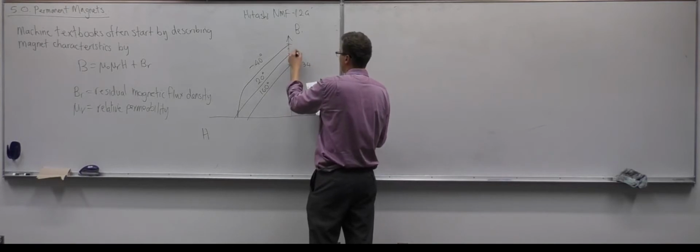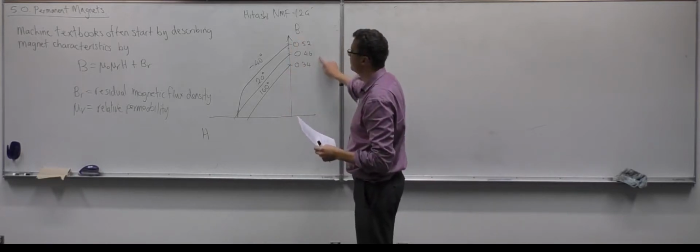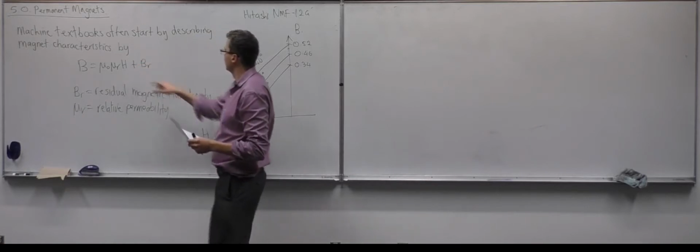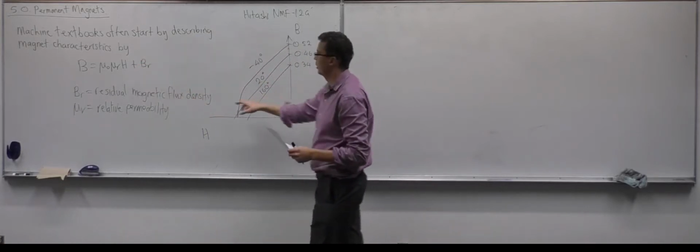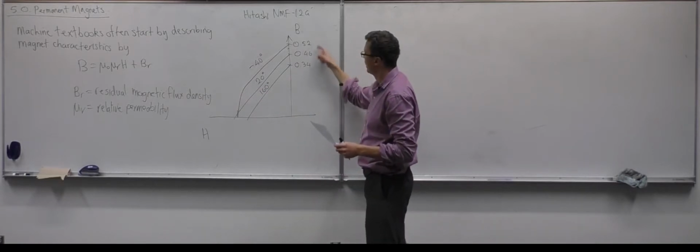And the values here are the BR values, the residual magnetic flux density values, and so they're different for different temperatures.